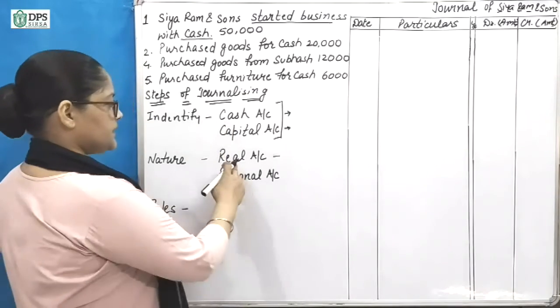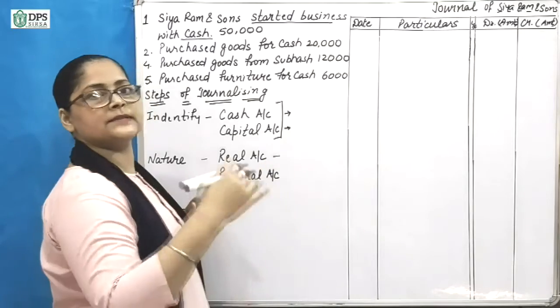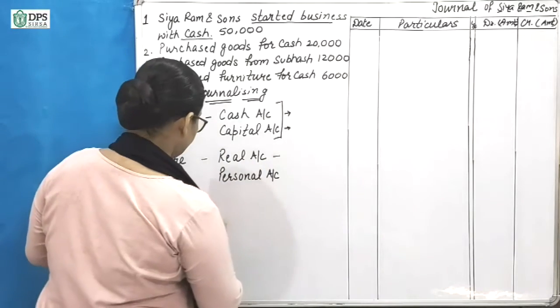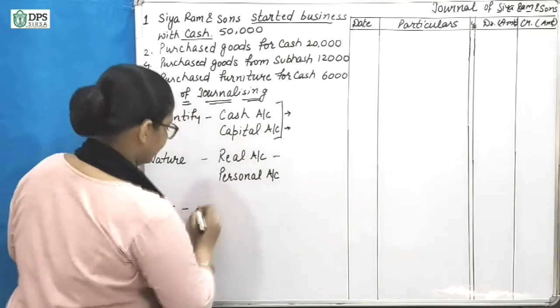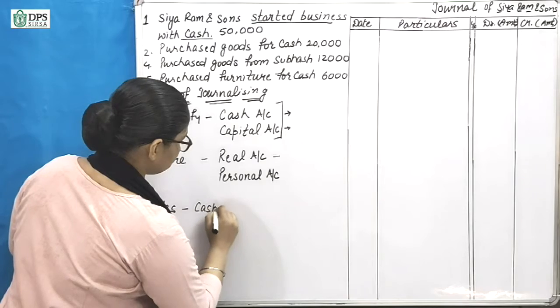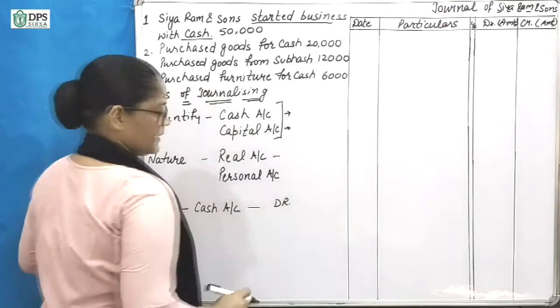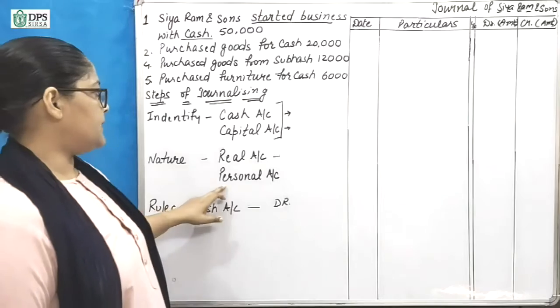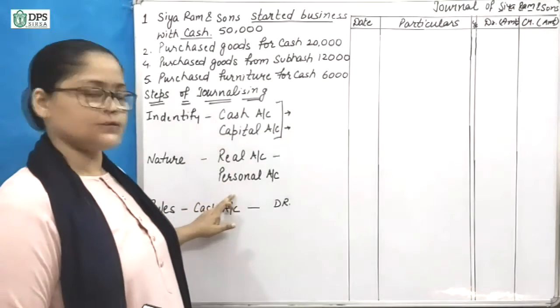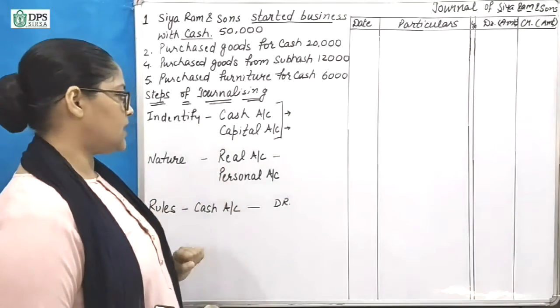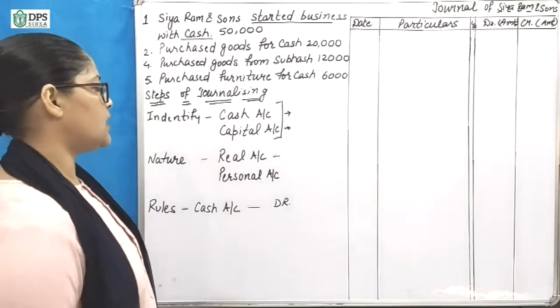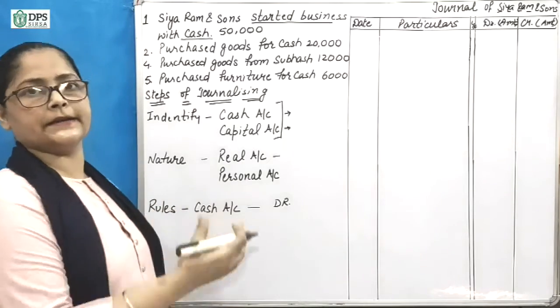So the real account says what comes in debit. According to that, cash account will be debit, and capital is personal account. The rule of the personal account is debit the receiver, credit the giver.